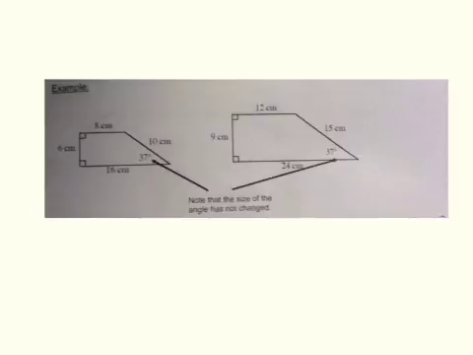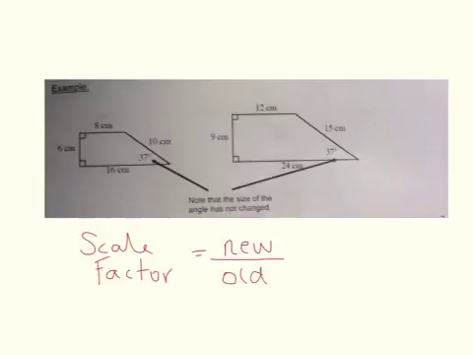If we are asked specifically to calculate the scale factor, how we get the value of 1.5 is from the following. We look at the shape that we are working to. Here we are working to this shape on the right. And how we calculate our scale factor is we look at a new measurement and we divide it by an old measurement.